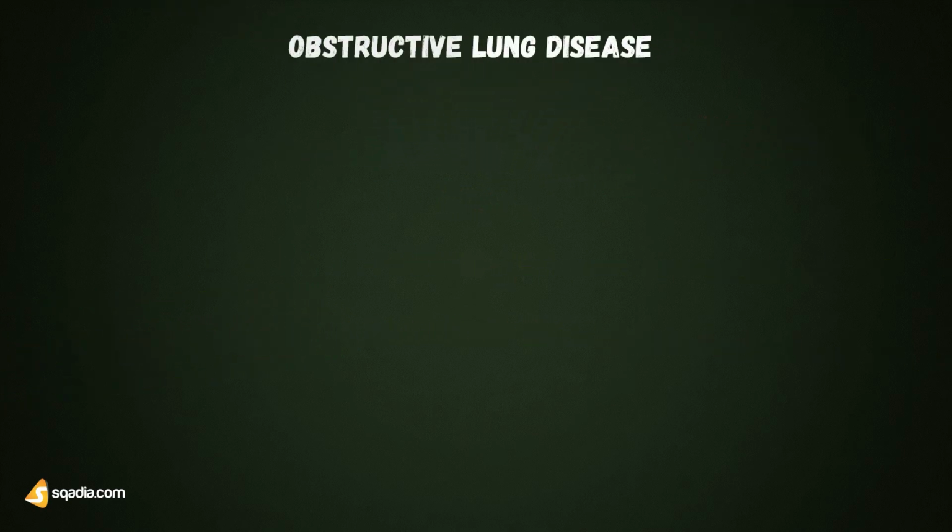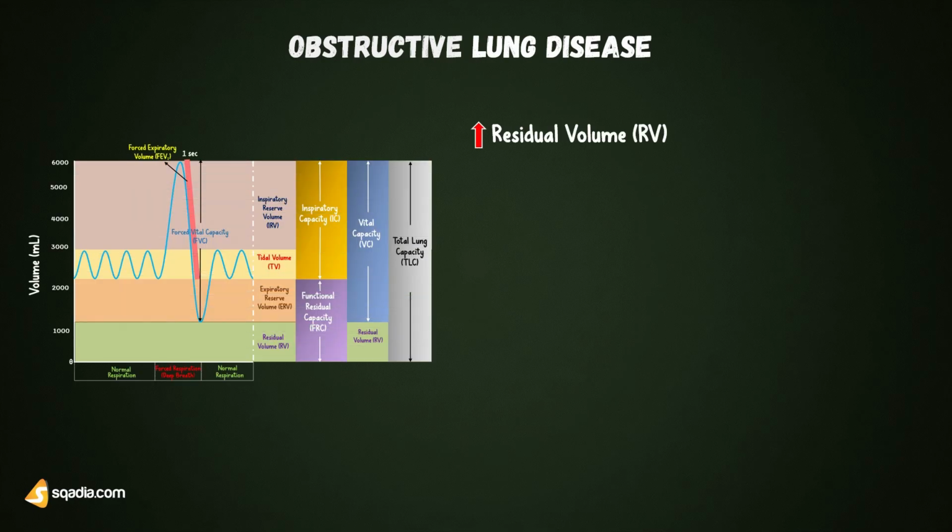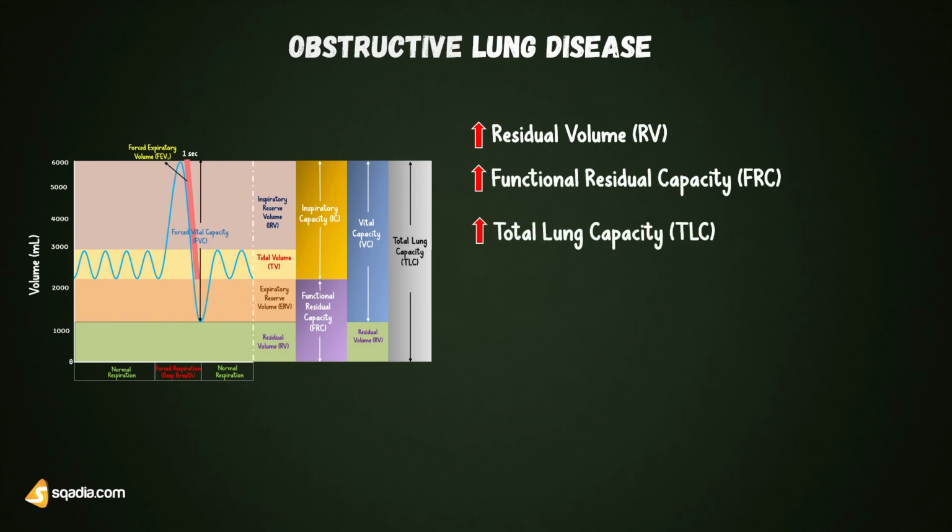So, in obstructive lung diseases, we observe an increase in residual volume, functional residual capacity, or FRC, and total lung capacity, while there's a marked decrease in forced expiratory volume during 1 second, or FEV1. Also, there's a decrease in forced vital capacity.